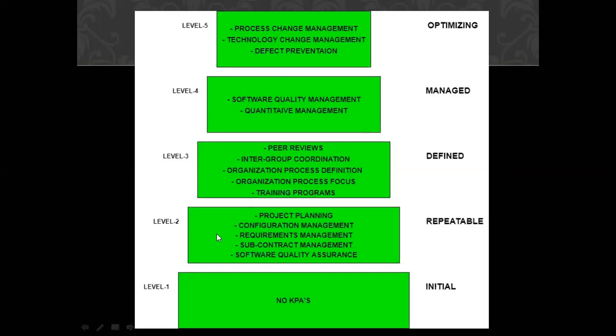Level 3 also has some more improvised key process areas because it has now reached level 3. Level 4 is all about quality and quantitative management, and level 5 is all about improvising things in the organization. Now, what things do you want to improvise? You want to improvise your technology, the complete process of the organization, and you have to tackle the defects on the basis of feedback.